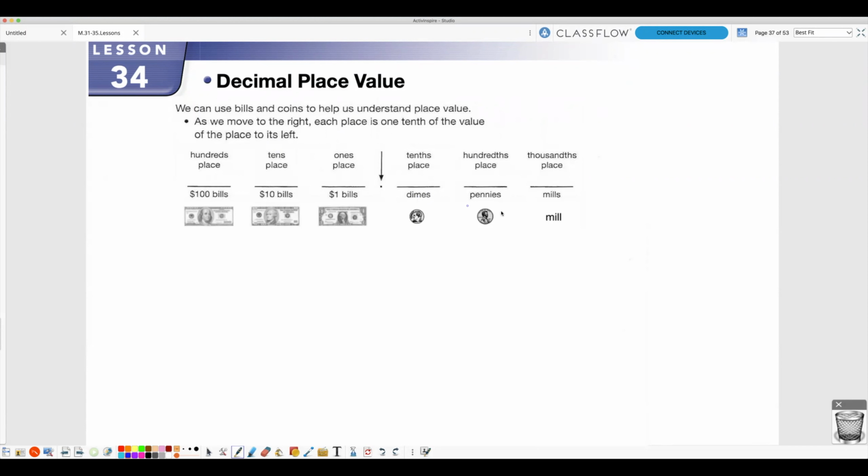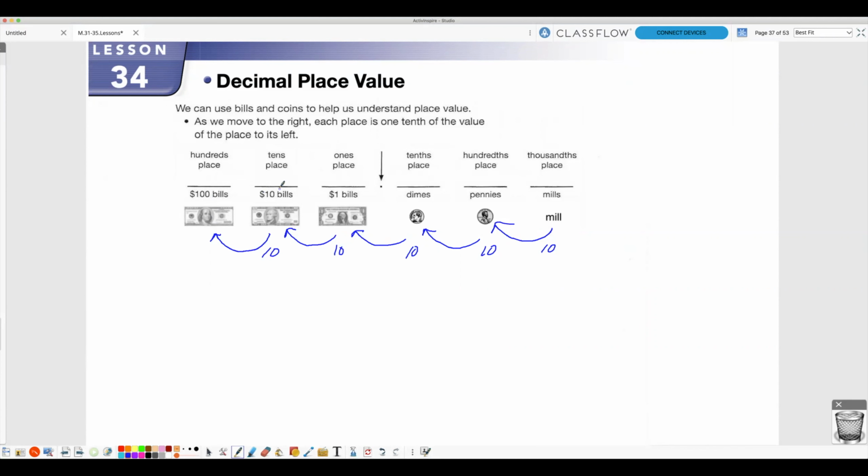For example, 10 mills make 1 penny. It takes 10 pennies to make 1 dime. It takes 10 dimes to make $1, 10 $1 bills to make a $10 bill, and 10 $10 bills to make one $100 bill.